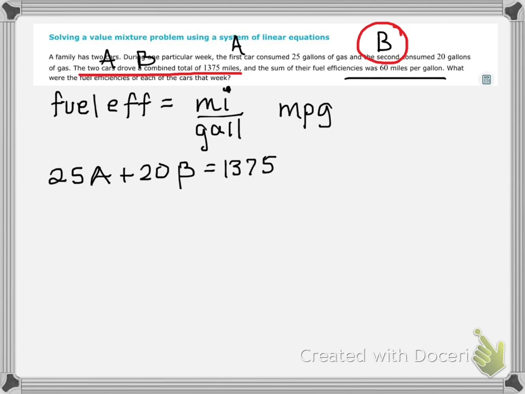I had to identify that what B is actually talking about is the fuel efficiency, the miles per gallon that B can go. And then the second equation was this: the sum of their fuel efficiencies is 60 miles per gallon. And there we just have a single sentence giving us A plus B is equal to 60.